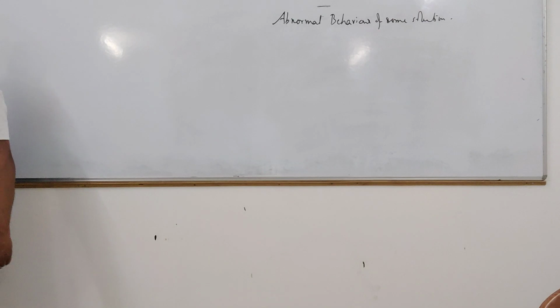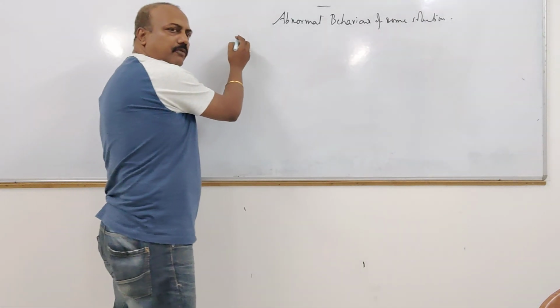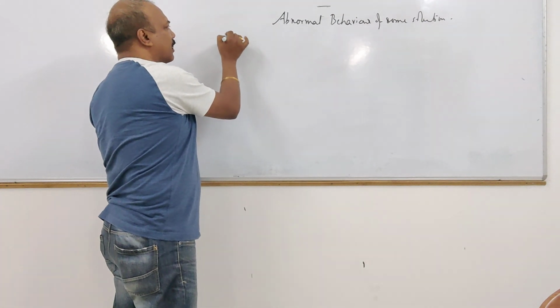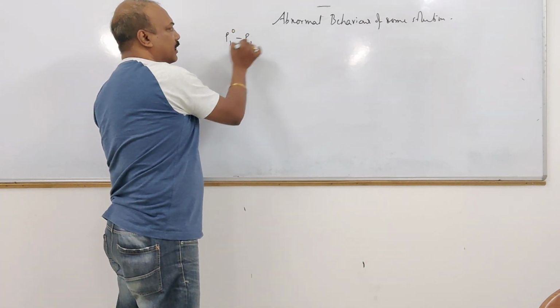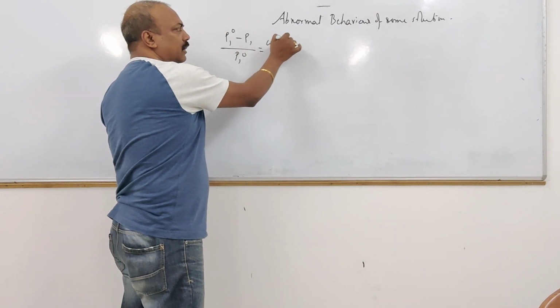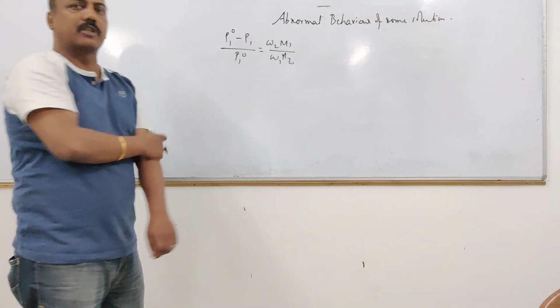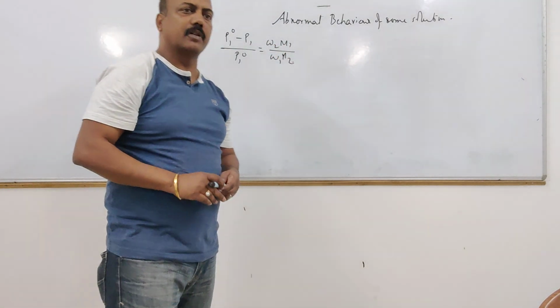First one is relative lowering of vapor pressure. In relative lowering of vapor pressure, we saw the equation. If you can remember the equation, P1 0 minus P1 divided by P1 0 equal to W2M1 divided by W1M2. Yes, that's the equation for the relative lowering of vapor pressure.